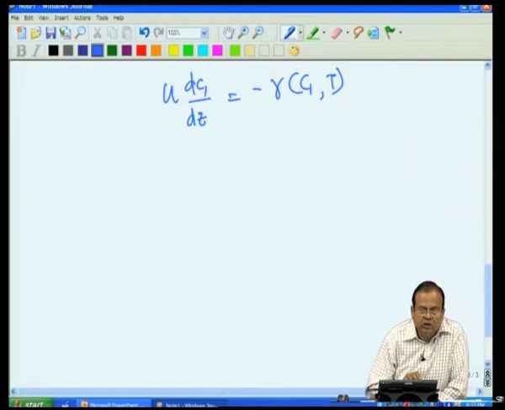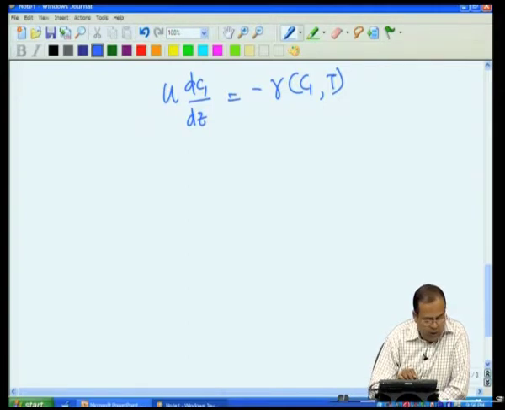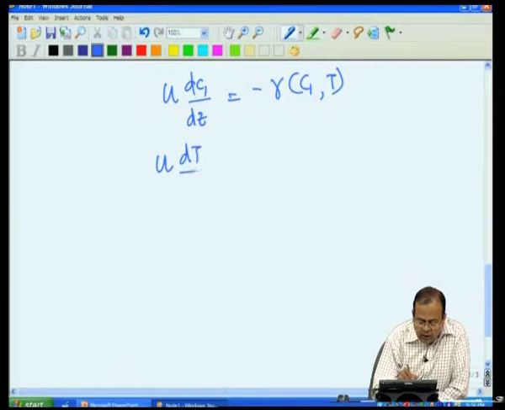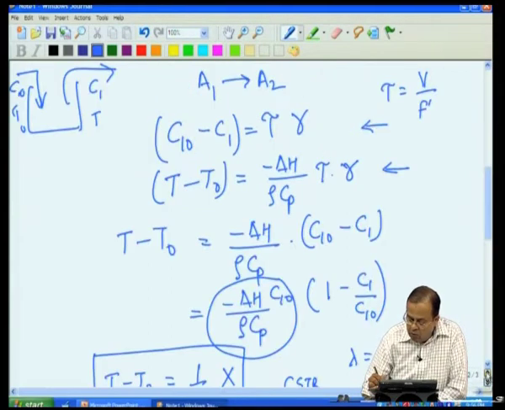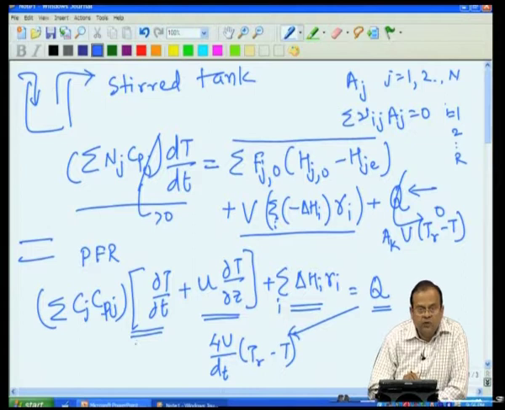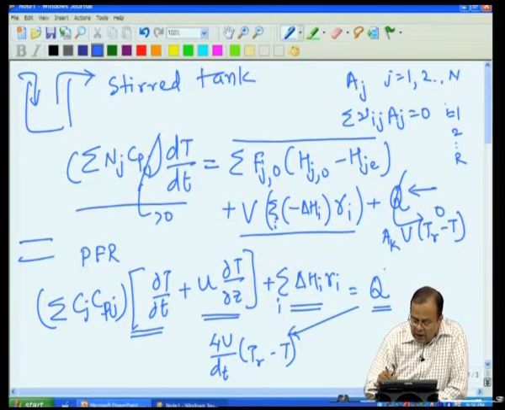Again I am doing a steady state balance, no dispersion or dispersive flow, because we are looking at ideal reactor operation, and similarly we can write the energy balance just as we wrote the mass balance, as minus delta H rho Cp R of C1 and T. That is, what we are essentially doing is simplifying this plug flow energy balance for adiabatic operation.